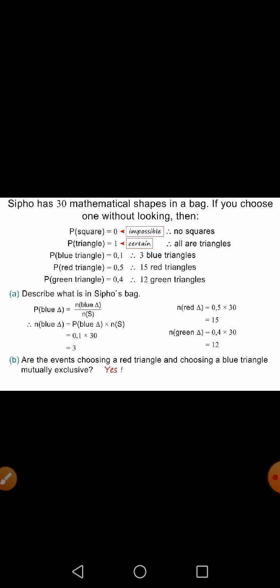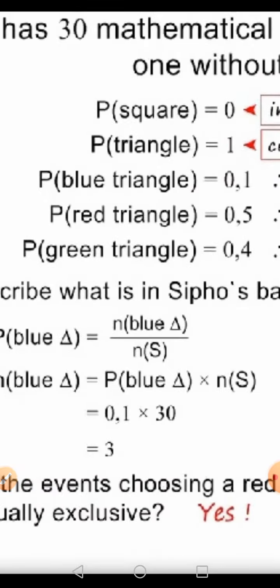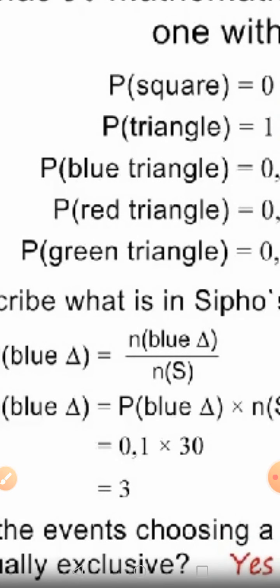Okay, what is the question here? He asked me what is the meaning of this answer. If the probability of a square equals 0, what does that mean? That means it's impossible, there is no way there are squares in this bag, right? So the number of squares equals 0.